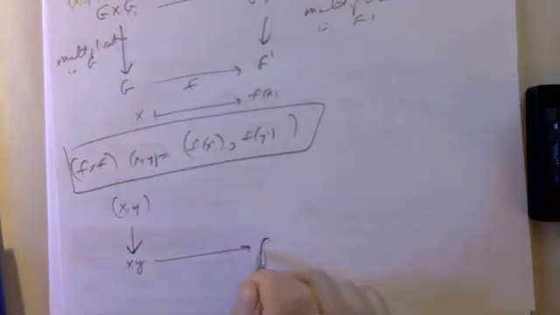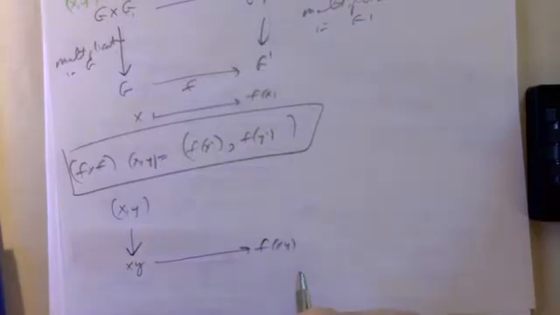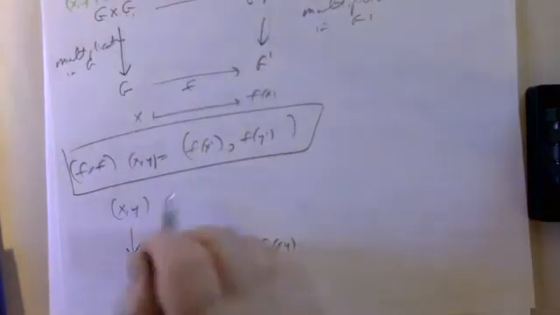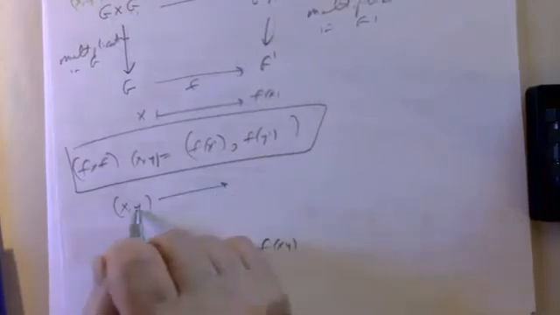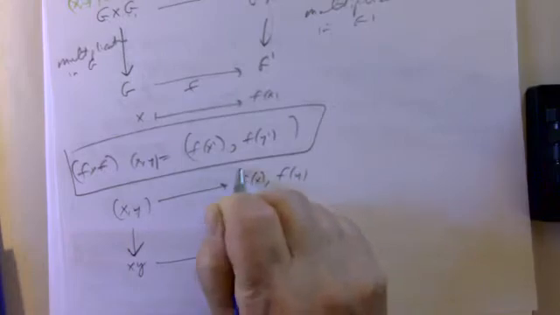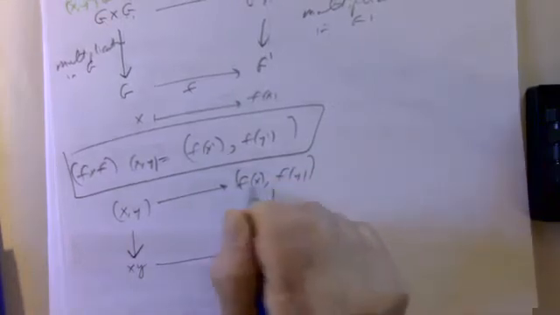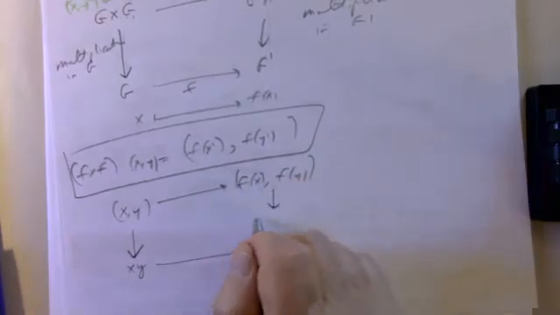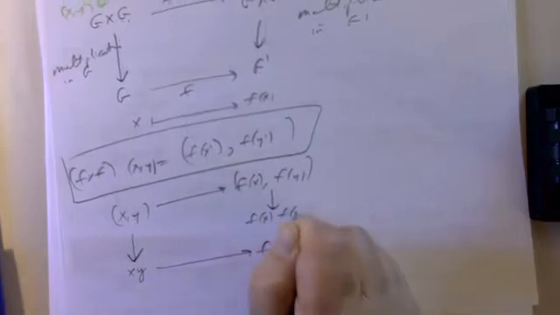And if you go across, you get f of xy. Take a pair in G, multiply it, you get xy, and that goes to f of xy. Or you can go across, x, y goes to the element f of x, comma, f of y. And when you multiply these two, that is when you go down, you get f of x times f of y.